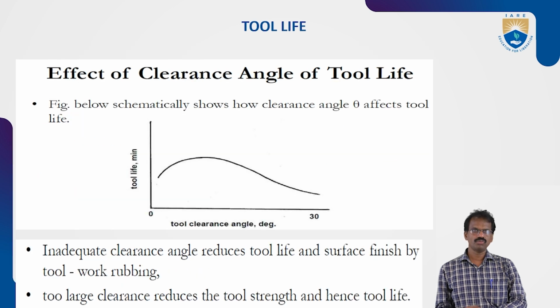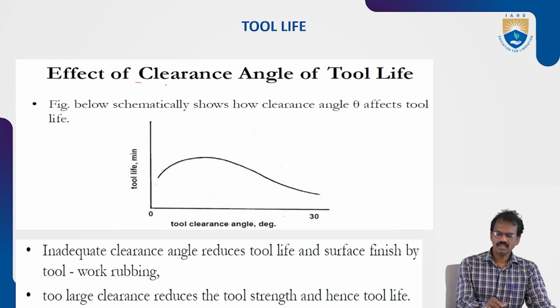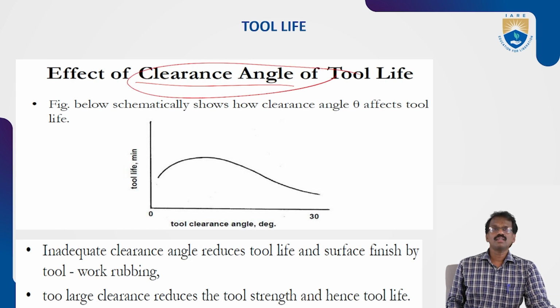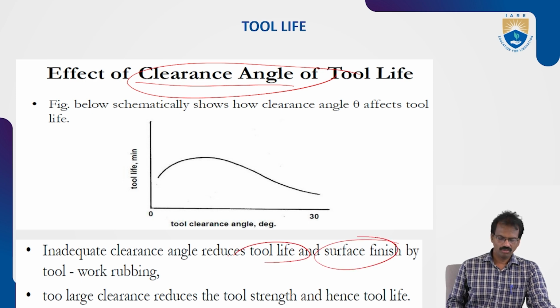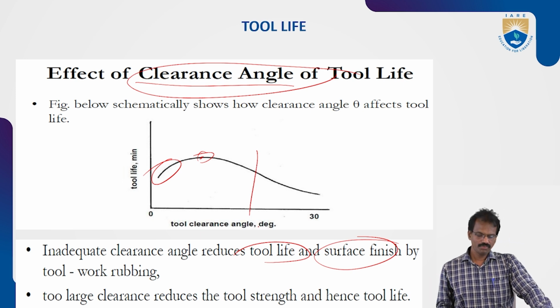We have to consider those things also. Next, the clearance angle, which is also very important. Inadequate clearance angle reduces the tool life and the surface finish also. Here we can see that up to a particular point the tool life is minimum, and at the beginning and the end the tool life decreases.